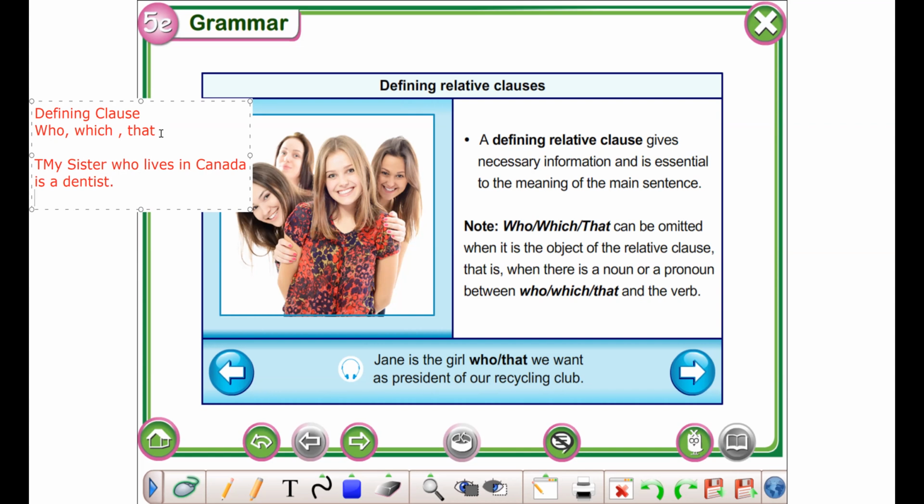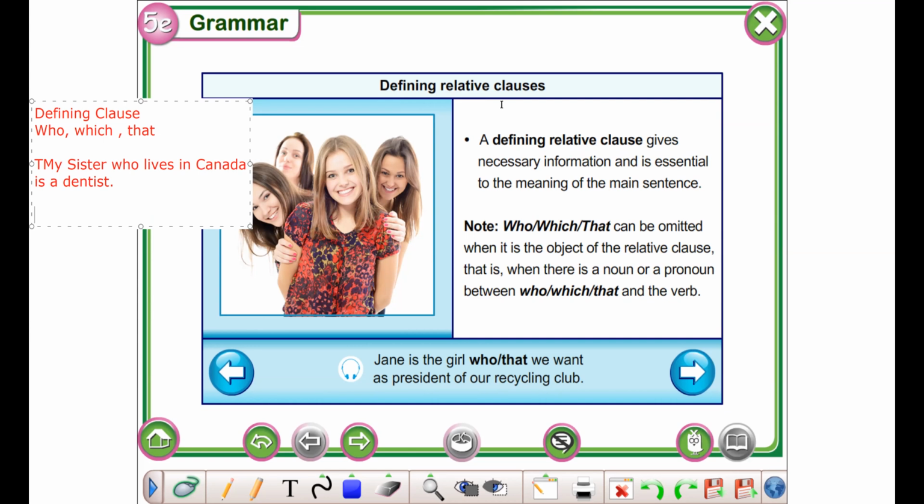But you can say the same sentence with commas, make a small pause before you continue speaking, and then you change the meaning of this sentence. You say, my sister lives in Canada, and this is typical for her. But actually, I want to specify that we are talking about my sister who lives in Canada.